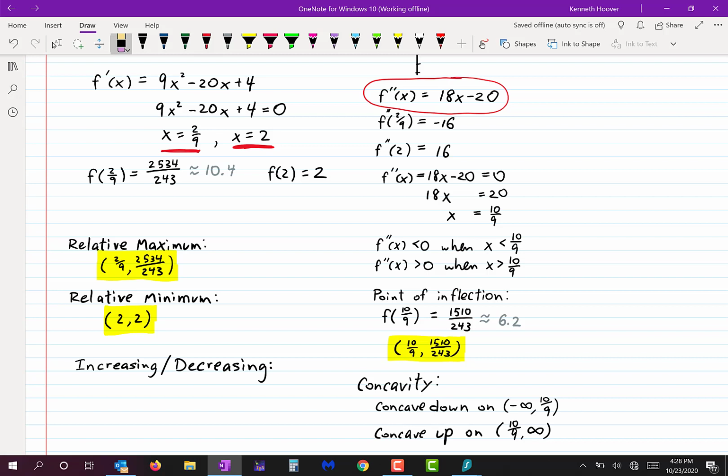Take any number smaller than 2/9 and plug it into f prime. I'll let you do that yourself. Pick a number that you like that's smaller than 2/9 and plug it into f prime and see what you get.